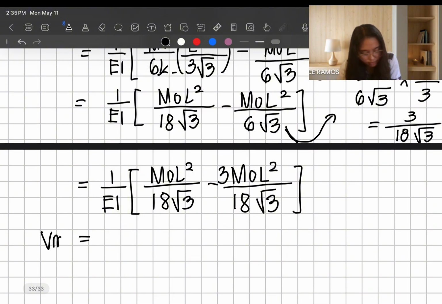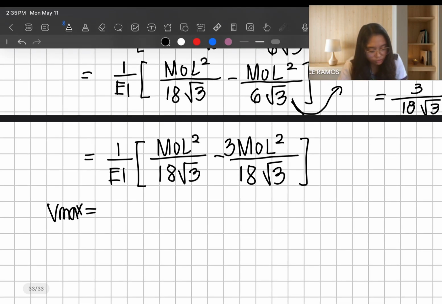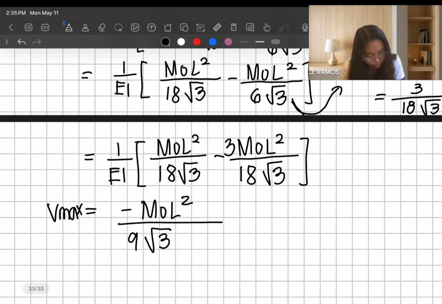Since parehas na sila ng denominator, pwede na natin silang ipag-subtract. So, after natin ma-subtract, we will get negative moment times the length squared over 9 square root of 3 times the flexural rigidity.